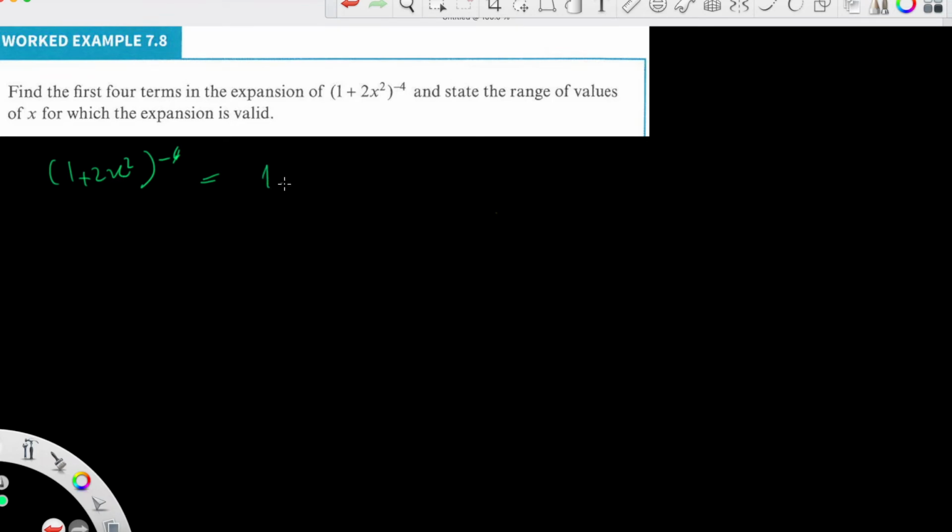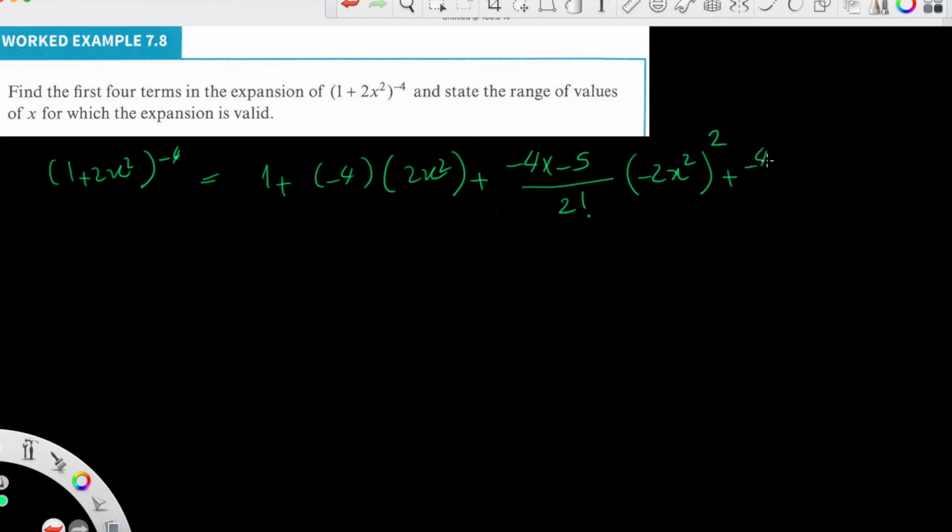It will be 1 plus nx, so -4 times 2x squared, plus n times n minus 1 over 2 factorial, 2x squared to the power of 2, then n times n minus 1 times n minus 2 over 3 factorial, 2x squared to the power of 3.